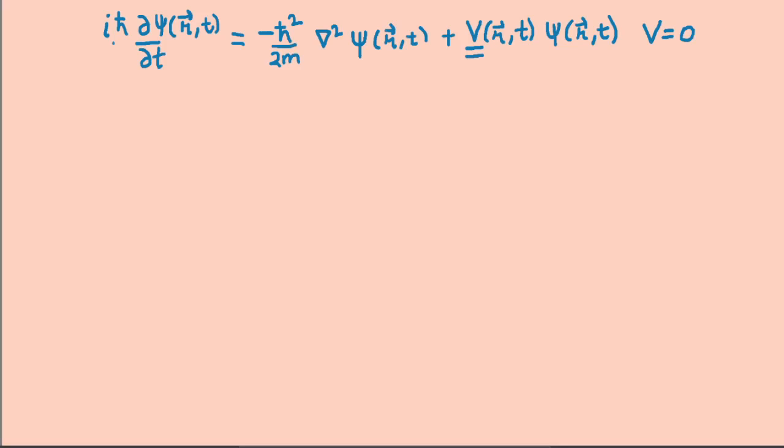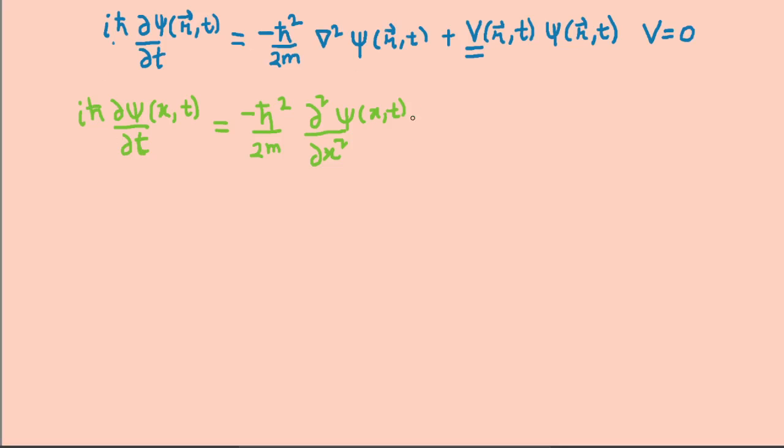and the one-dimensional Schrodinger equation looks something like this. i h bar, partial differentiation of psi at a position x, which is one-dimensional, along the x direction, with respect to time t, which equals minus h bar squared by twice m, double differentiation of psi at x, time t, with respect to x, derivative of second order.